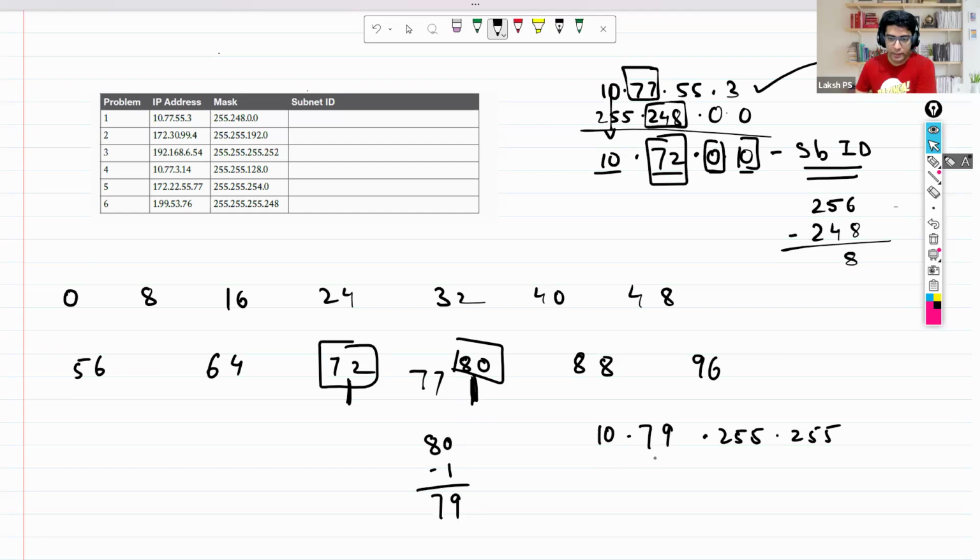So 10.79.255.255 is the broadcast ID for this particular IP address. Let's just check the answer as well.